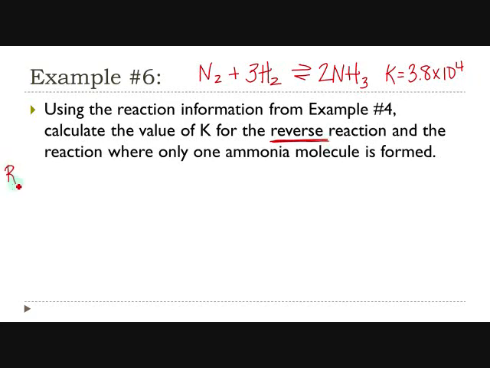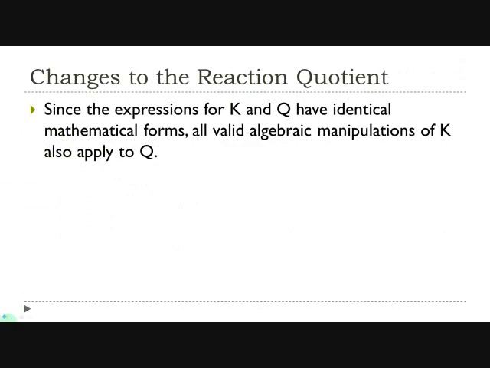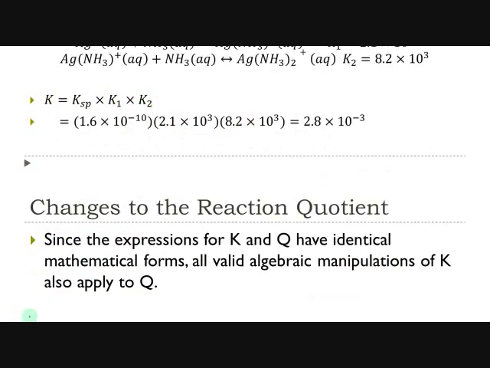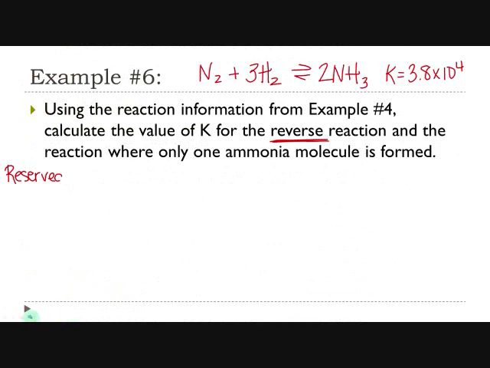So for the reverse reaction, finding K, what we do is we just flip-flop it, right? Just like when we did Hess's law. So we have 2NH3 makes N2 plus 3H2. So this is the reaction we're talking about. We flipped around reactants and products.